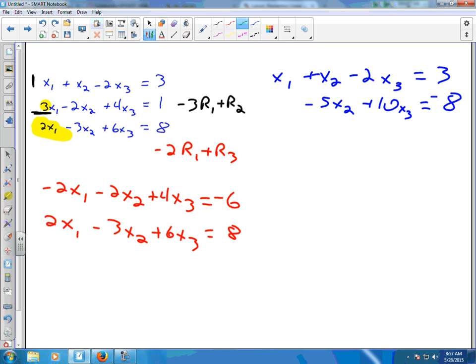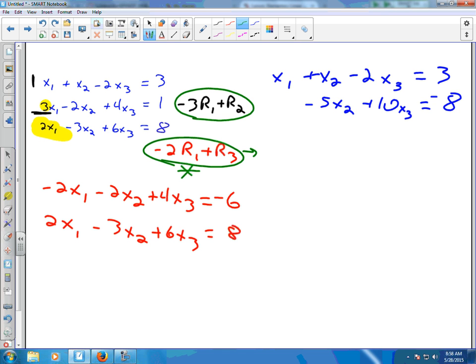And a quick note, the benefit of writing those out is, notice we're not really doing any complicated algebra. There's just a lot of arithmetic going on here, and there's so much of it that it's easy to make a small mistake somewhere. So if you get to the end and you're like, these numbers don't look right or they don't work, or I put my answer in and it says it's wrong, then you can go back through each step and see, well, did I really do minus 2r1 plus r3 to get my new third row?